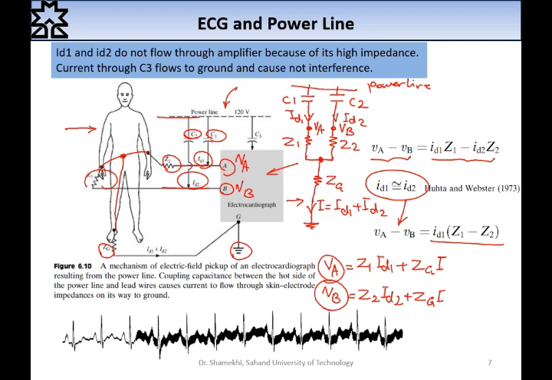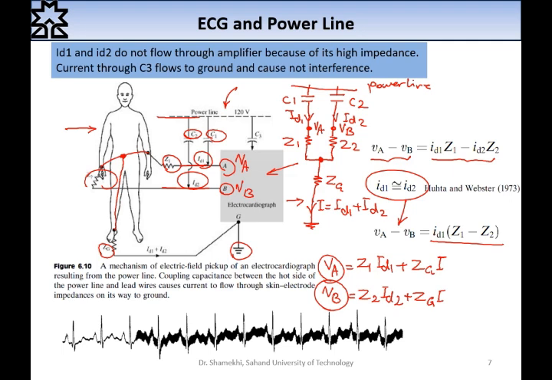Okay, as you can see, we have a voltage dropped on VA and VB, the input terminals of our amplifier, of our device, because of the power line bad effect, because of the power line interference.